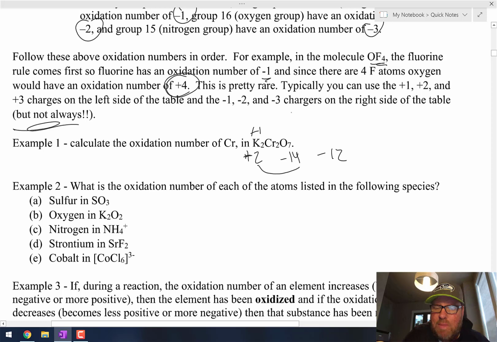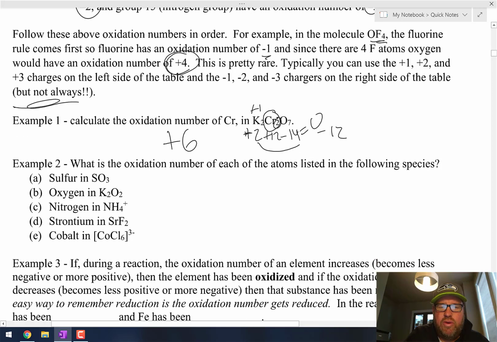So we need to get it back to 0. So if those two together are -12, then the chromium altogether must be +12. But since there's 2 of them, each one of them must have an oxidation number of +6. +6 times 2 is 12, and that gets you back to a total charge equal to 0.